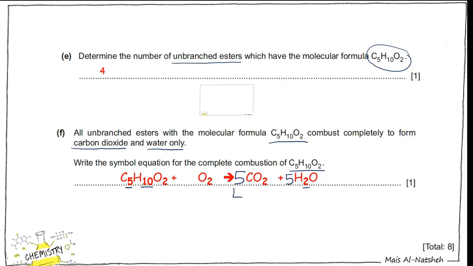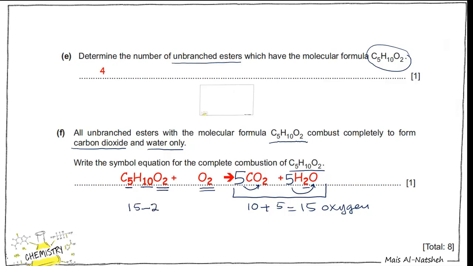Now find out the total oxygens for balancing. On the product side, we have 10 oxygens from the carbon dioxide and 5 oxygens from water, so in total we have 15 oxygen atoms. How can we balance it on the reactant side? Notice we have 2 oxygens in the fuel and we have the O2 molecule. I will say 15 minus the number of oxygens in the fuel.